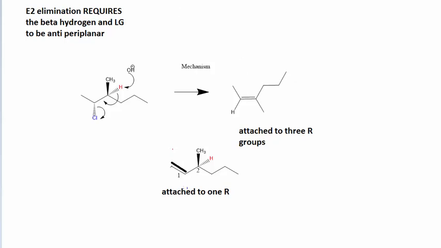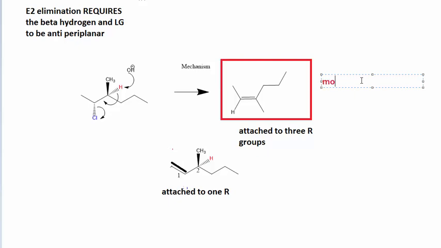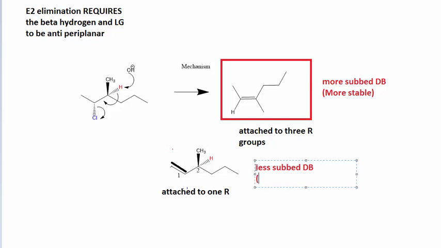So over here, we consider the more substituted double bond to be more stable. So this is the more subbed double bond, which is more stable.